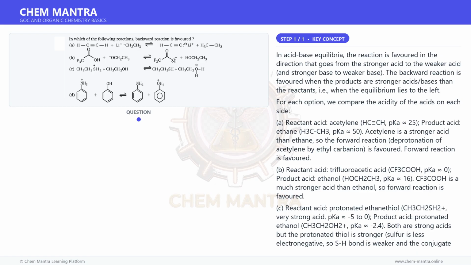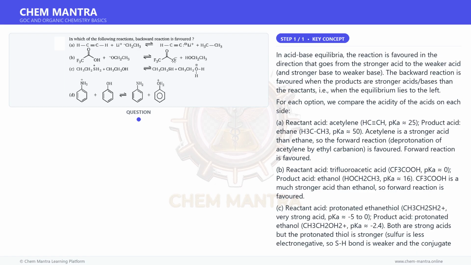Since equilibrium favors formation of the weaker acid, and the product side has a much stronger acid, PhOH2+, the backward reaction is strongly favored. In other words, PhOH, pKa 10, is a weaker acid than PhNH3+, pKa 4.6, meaning aniline, PhNH2, is a weaker base than phenoxide.